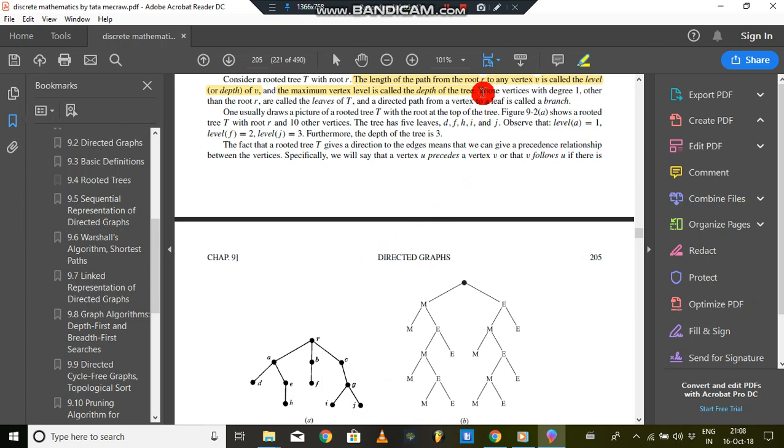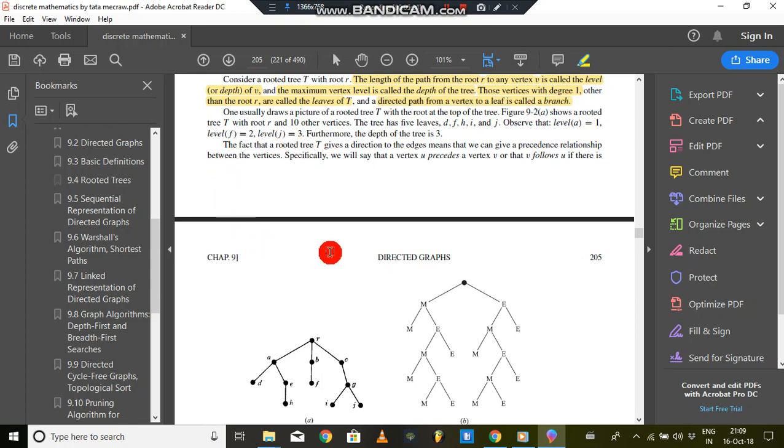Those vertices with degree 1 other than the root R are called leaves. And a directed path from a vertex to a leaf is called a branch.